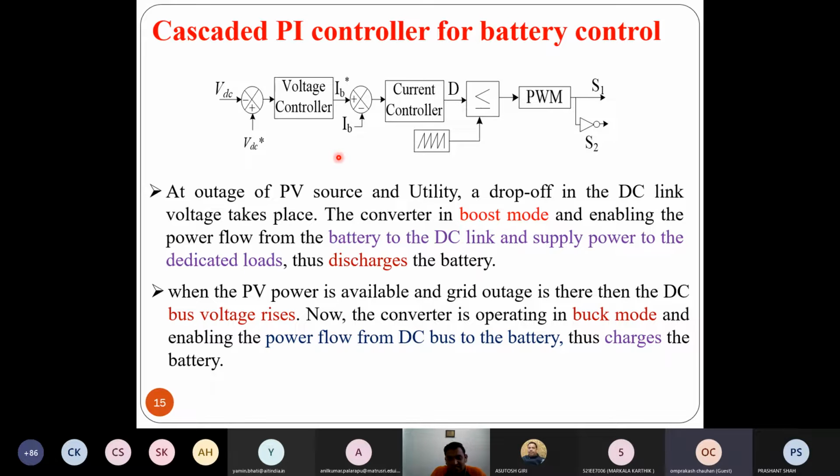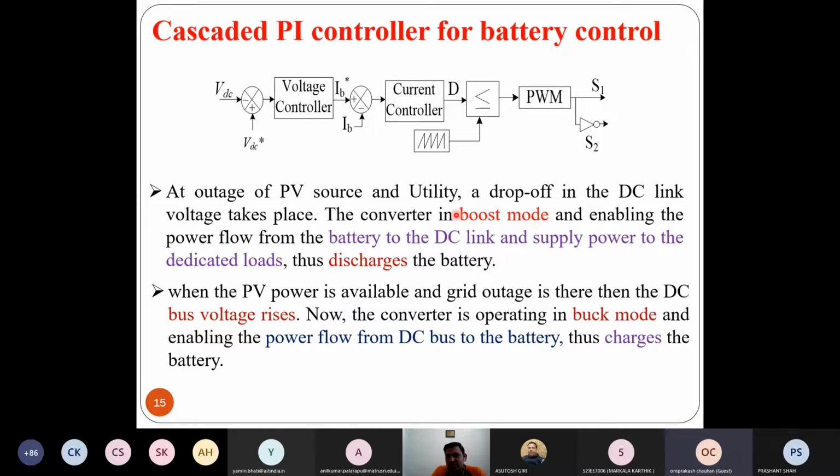And when the DC bus voltage is less than the reference value, suppose 400 we have set, if it is 398, we have to supply power to the DC bus. It will be observed that there is a requirement of power at the DC bus. So what we will do, we will supply power to the DC bus.